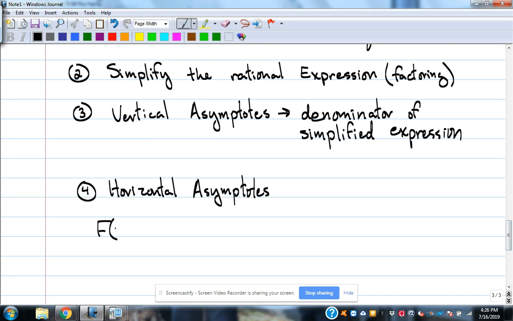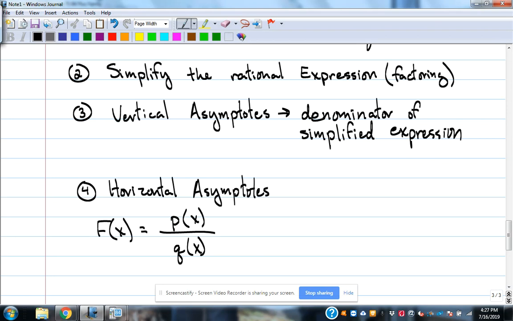So let's say we have a rational function f of x. When it's a rational function, you have two polynomials, one on top, one on the bottom. We'll call it P of X and Q of X, okay? So when I refer to the top, I'm going to talk about P of X. If I'm referring to the bottom, I'm talking about Q of X, okay? And with polynomials, you had a thing that was called degree, and it came from the highest exponent on the variable in the polynomial, okay?